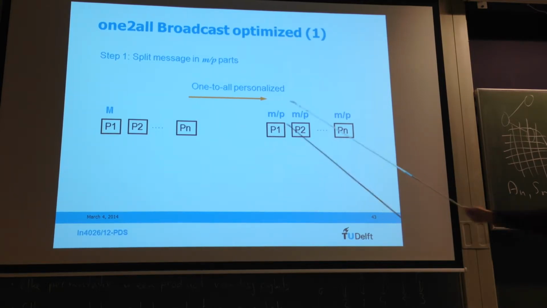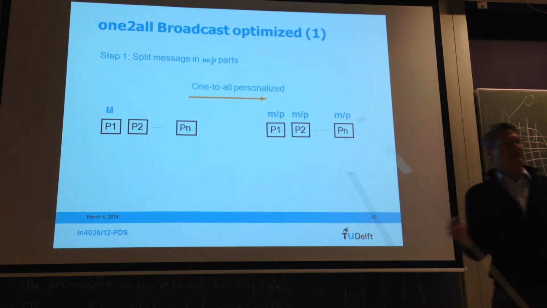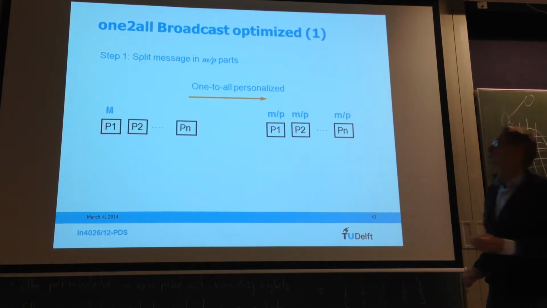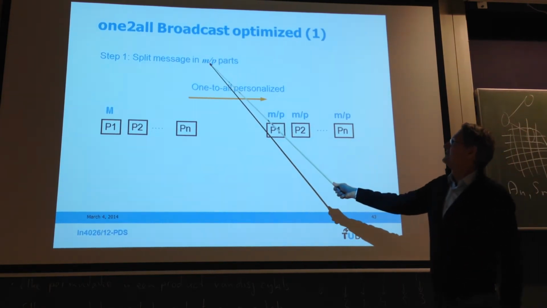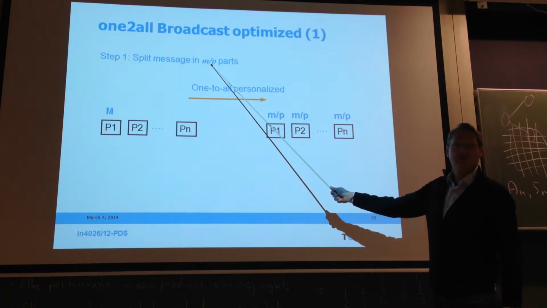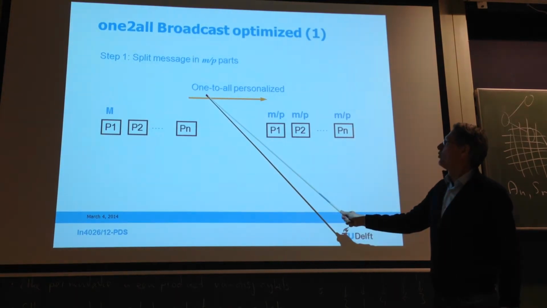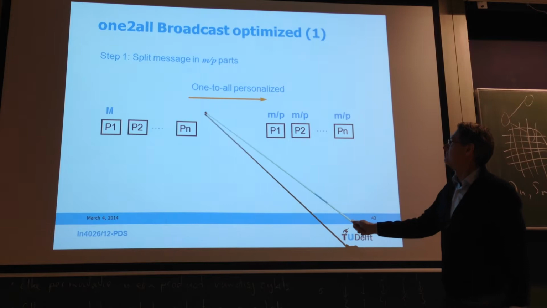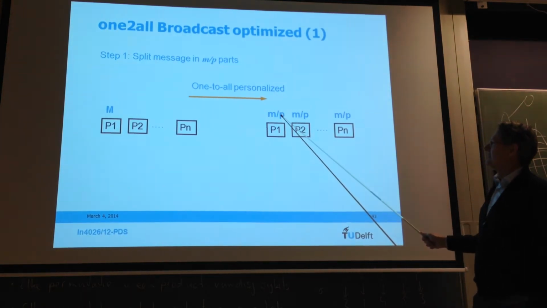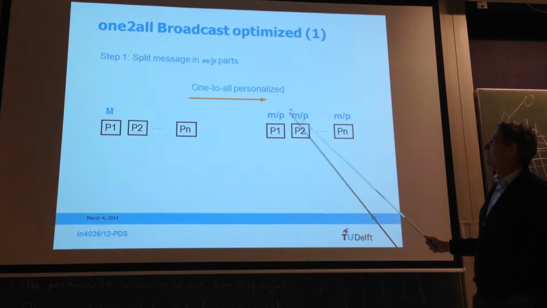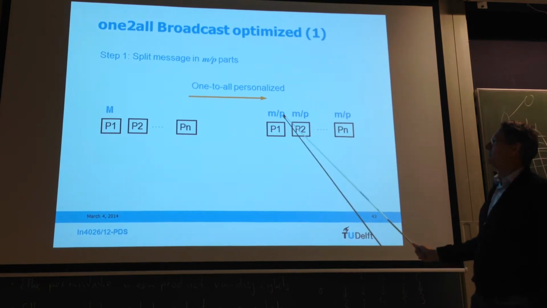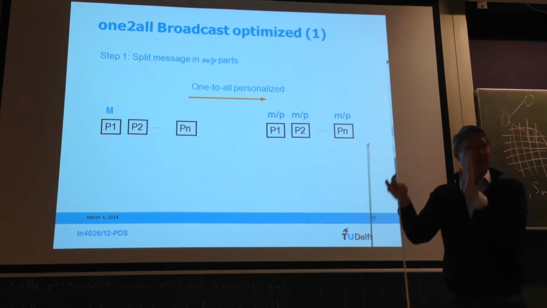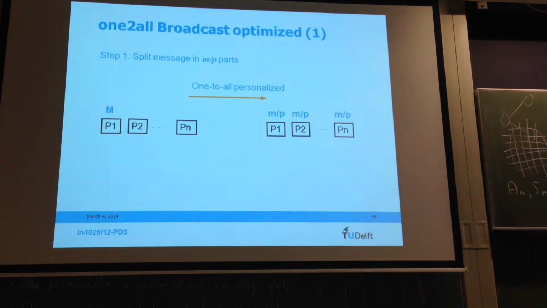We split, say we have a very large message M, very large. What we do is we split it in M divided by P parts. Then we do an all-to-all personalized communication. They don't get equal copies, but they each get a part of the big M message, right? So we have a big message M.